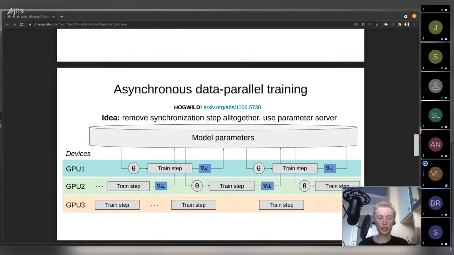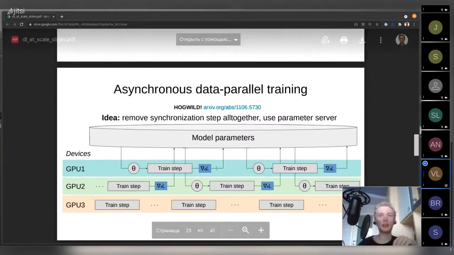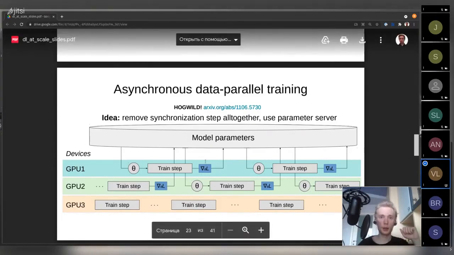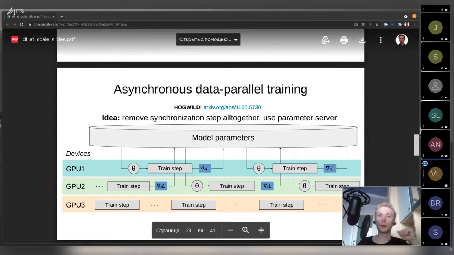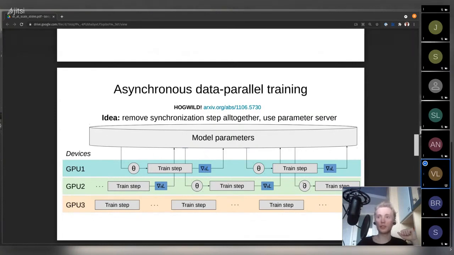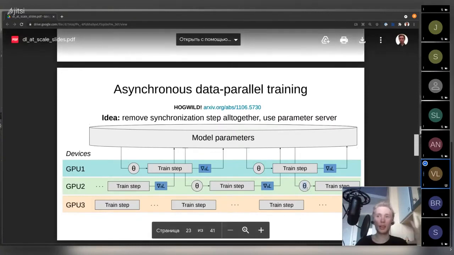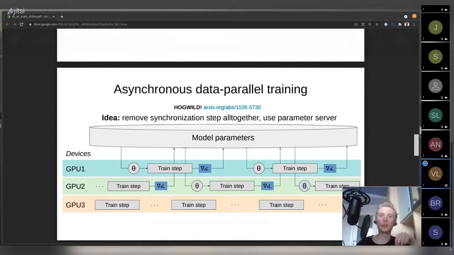So eventually all the stale gradients do get into the parameters, and nothing is lost. But there is a knowledge delay between the GPUs. So GPU 2 will learn about this update only at this stage, which might be a little later than we would want it to. This is a problem to some extent, but as they have shown empirically, not to a crucial extent.